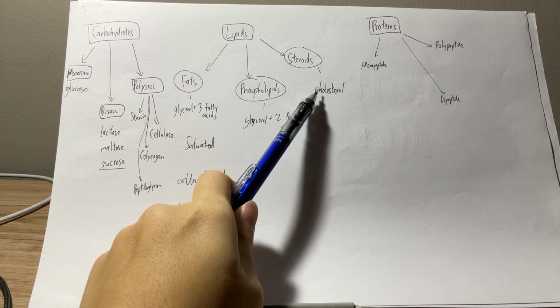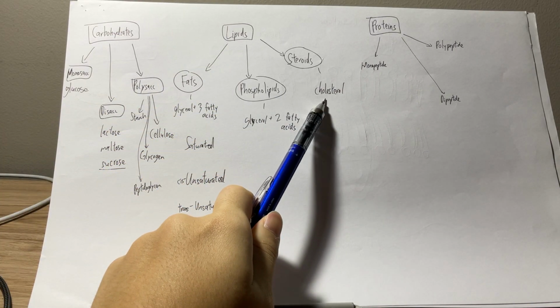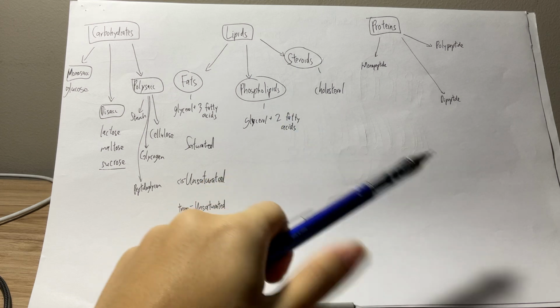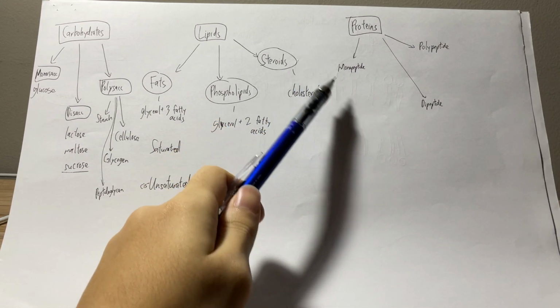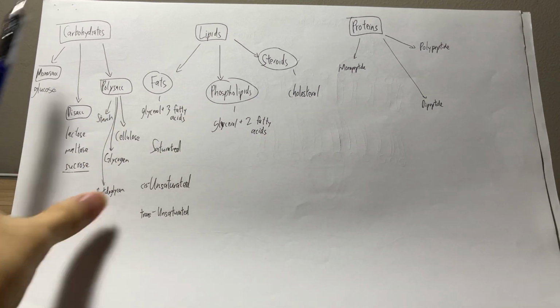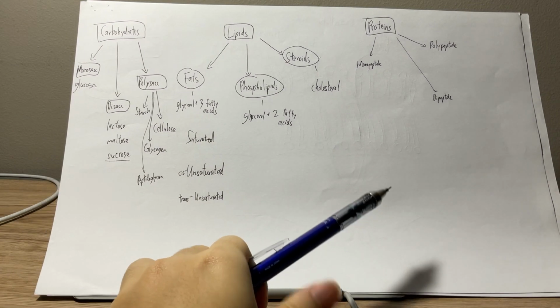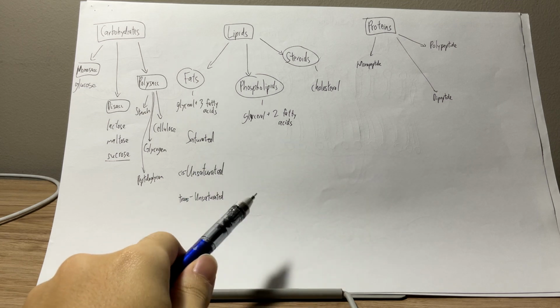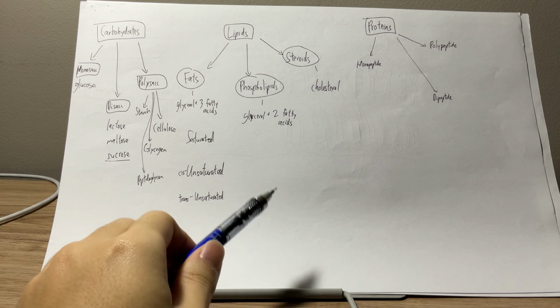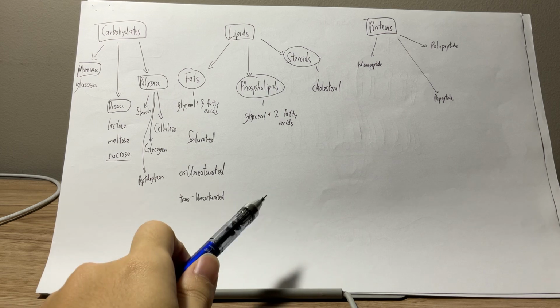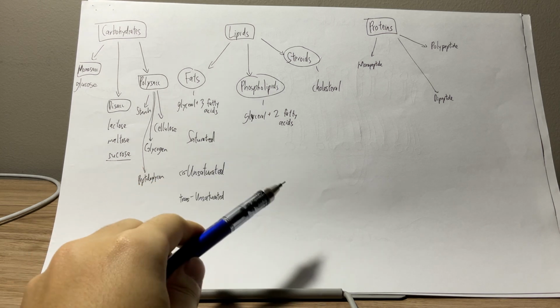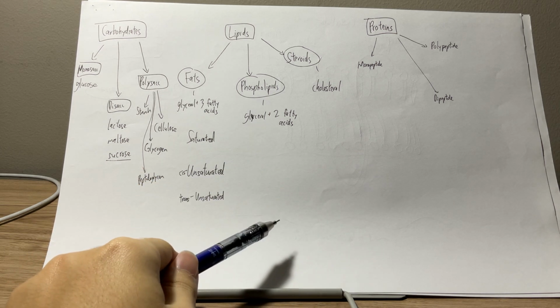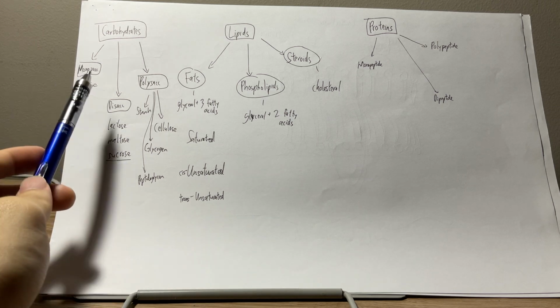Now, going back, steroids, one example is cholesterol, LDL, stuff like that. And we have proteins: monopeptides, dipeptides, and polypeptides. I still remember two terms, dehydration reaction, and I don't recall the other one. One of them is the process going from, for example, a monosaccharide.